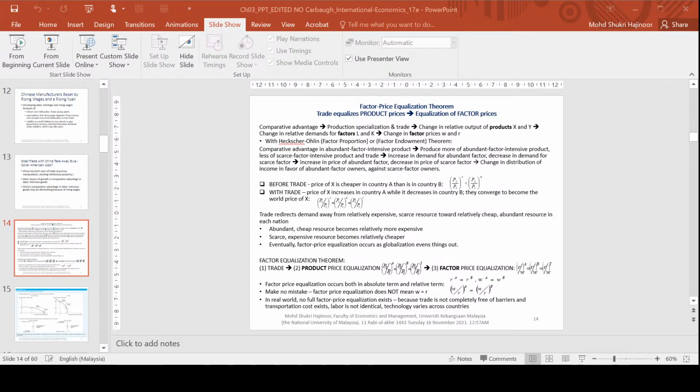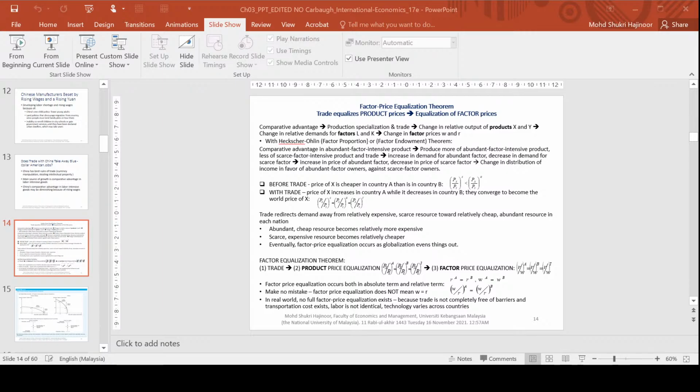Resources specific to the import competing industry will lose. K, if K is specific to the production of, we take China and United States.